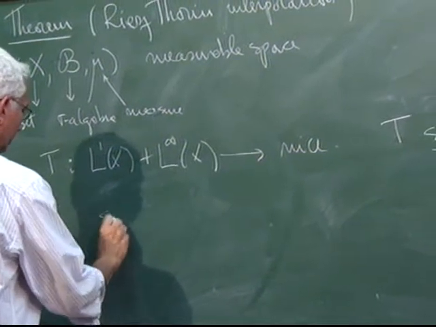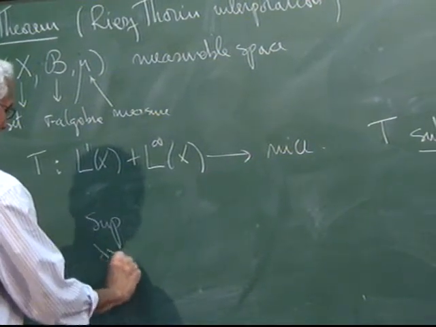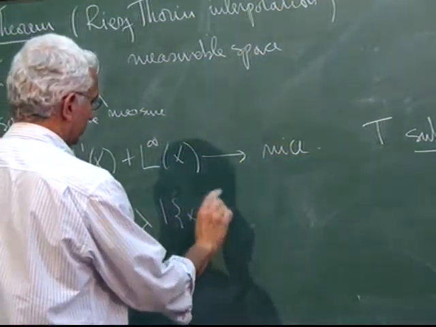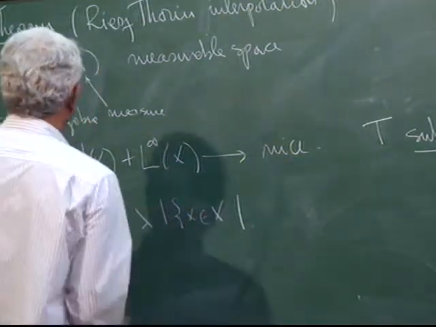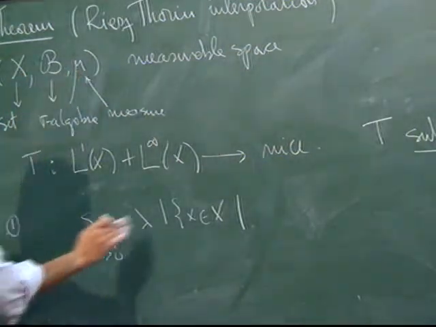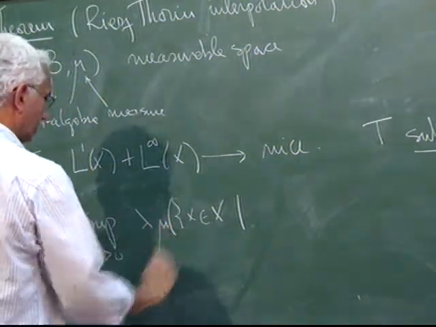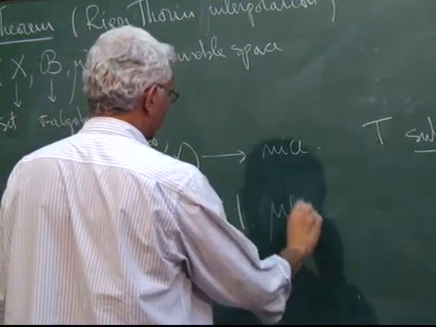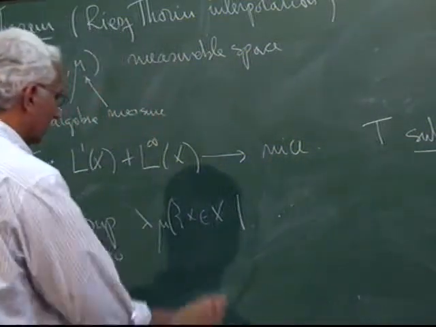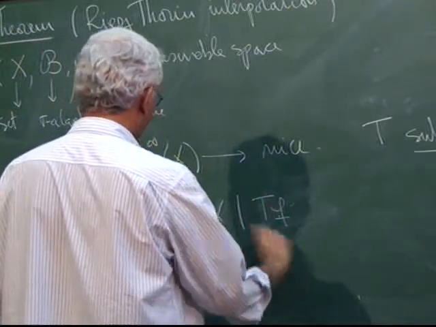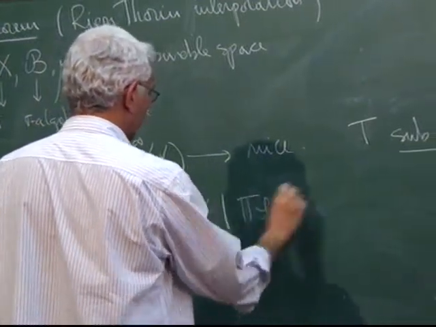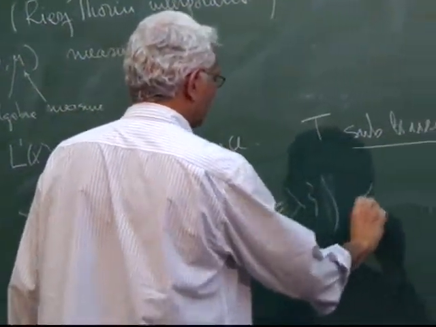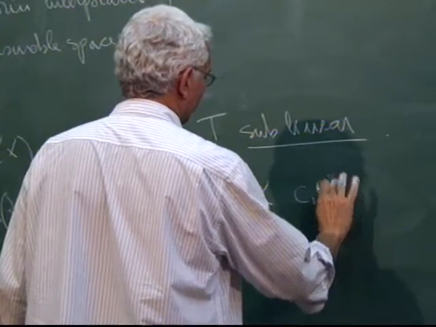Suppose that the supremum in lambda positive of lambda multiplied by the measure, okay, then if I put this, I have to put mu, of the set where the maximal function, well, I have to put T, because I'm trying to do it in general, T of f of x is larger than lambda, is less than some constant times the L1 norm of f.